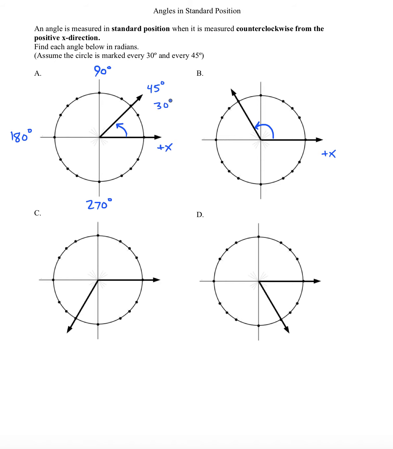Here we'll have 30 degrees and then 60 degrees. So this is an angle of 45 degrees. The next one's going to be 120 degrees. See if you can find answers for the next two, and then I'll give my answers.